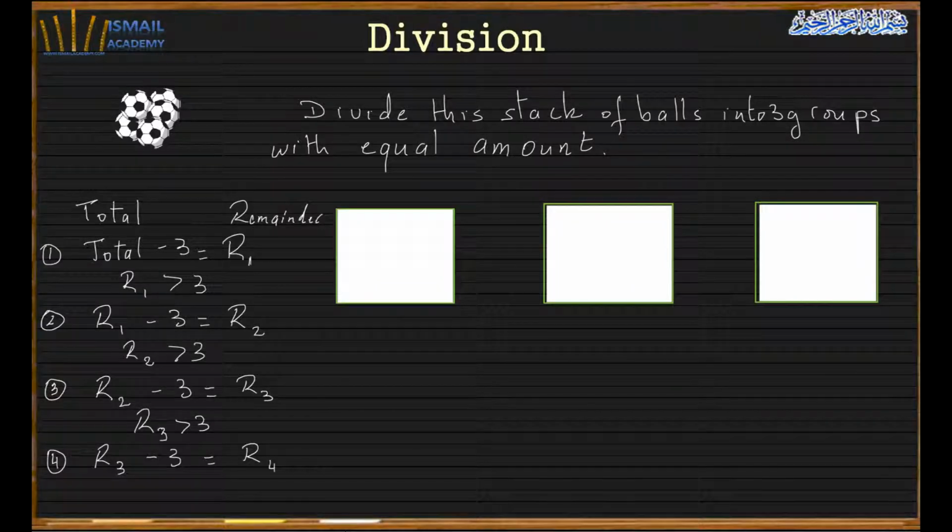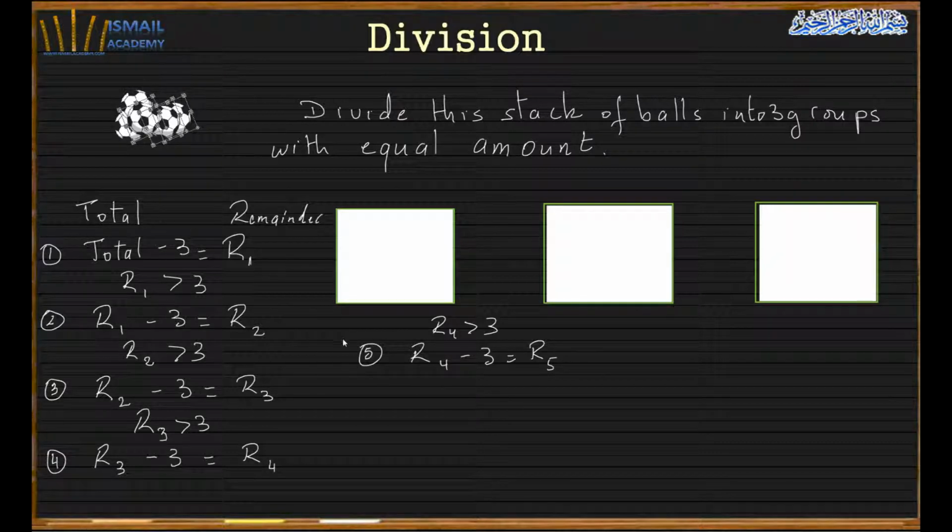Again, I check if my fourth remainder is greater than 3, and it looks like my fourth remainder is 5 balls, so obviously it is greater than 3. So I reduce the fourth remainder by 3. I will have a fifth remainder. I put each ball into the box.